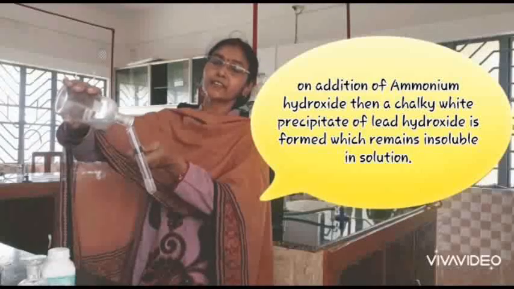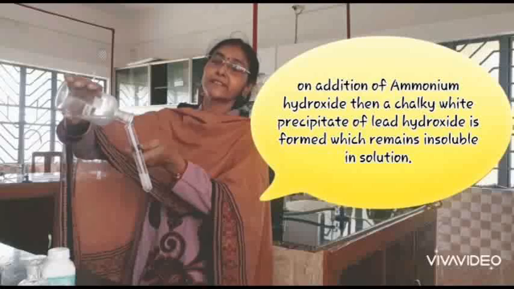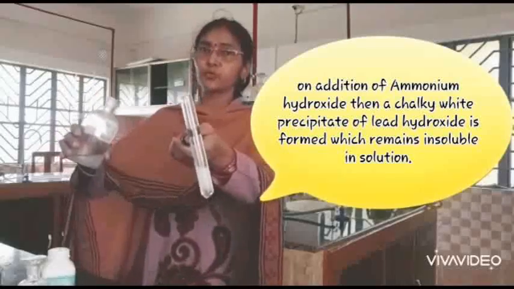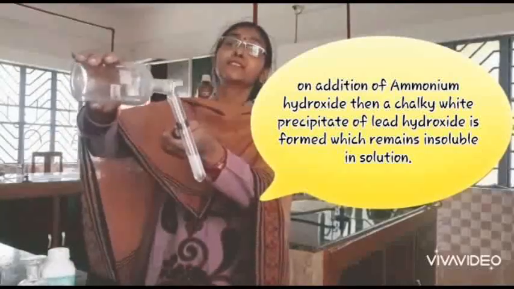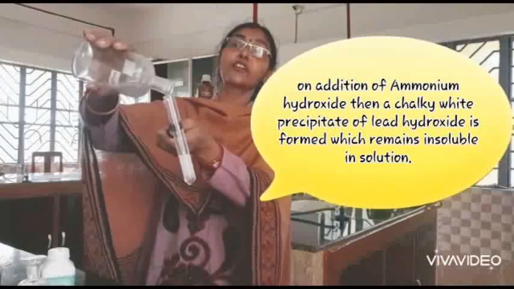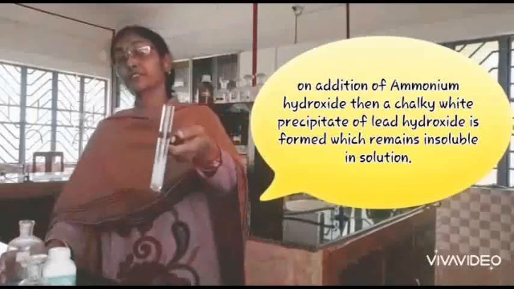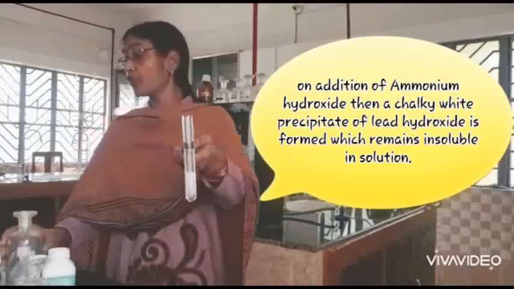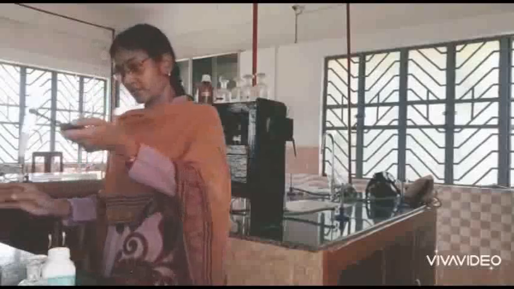So we see that white precipitate is arising in the test tube. So this is the analytical chemistry where a chalky white precipitate is observed as we add NH4OH to the salt solution.